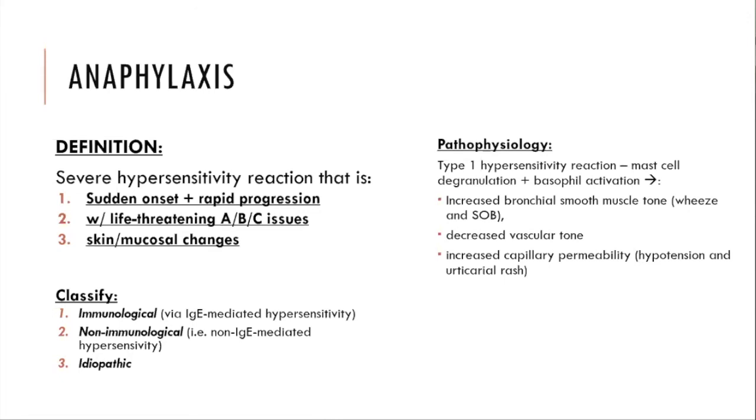Second is decreased vascular tone, so the flushing and the hypotension associated with it because of loss of peripheral vascular resistance. And third is increased capillary permeability, which again relates to the hypotension. So you get third spacing, you get distributive shock, and the rashes.